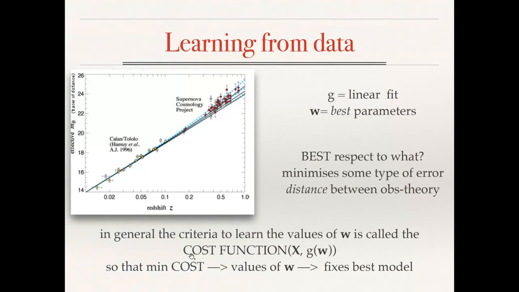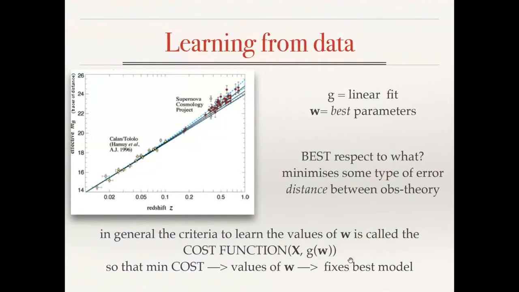We try to minimize the cost of our fit, and this cost is a function of the data, of course, and the modeling that we've done, and also the parameters of our model. Minimization, then, of the cost, what values of W minimize this cost function, fixes precisely the best model.